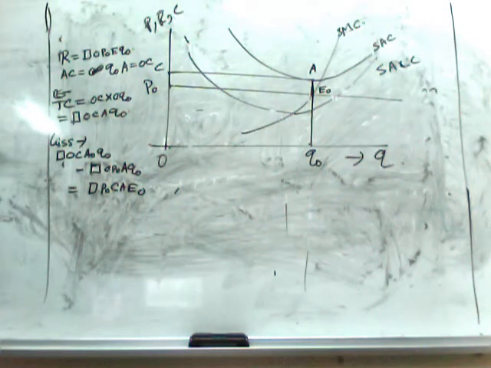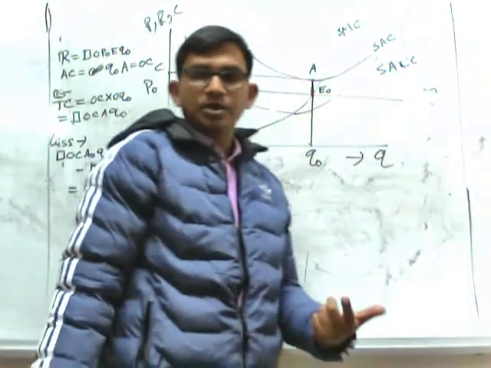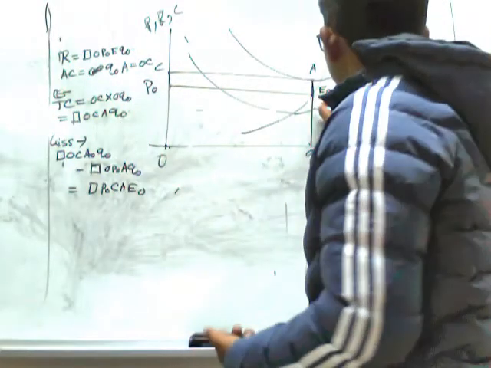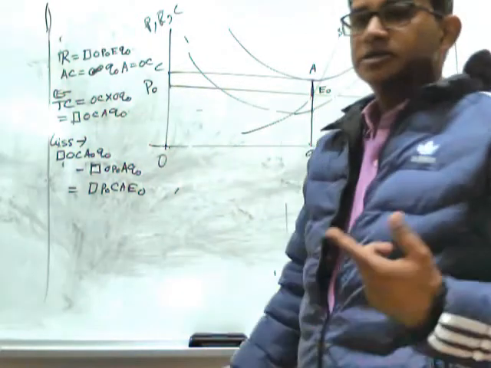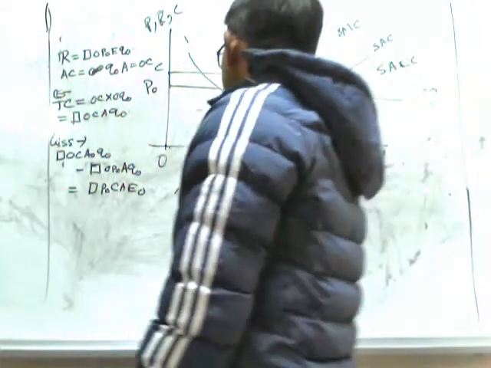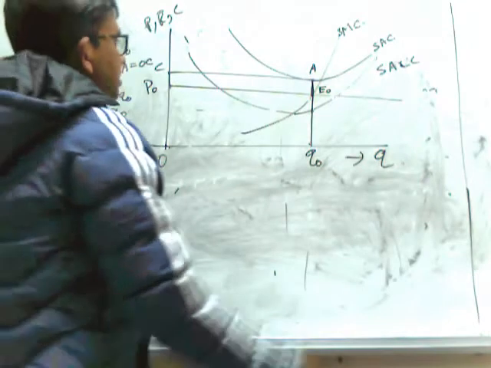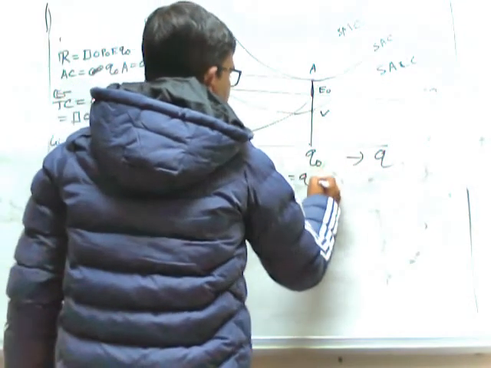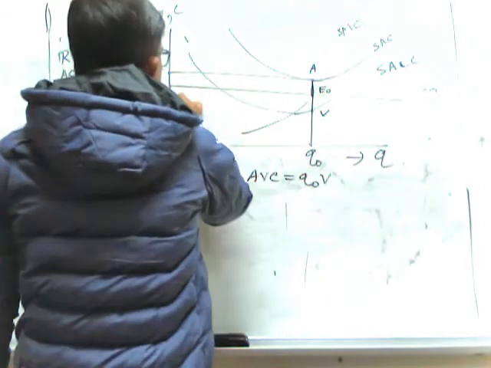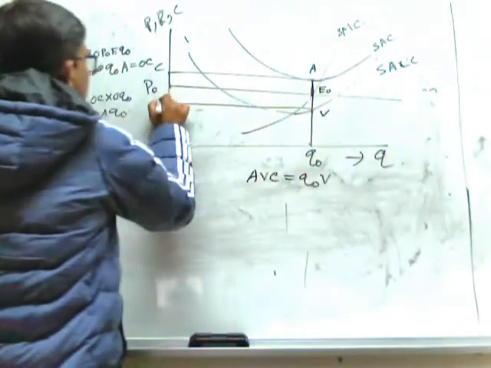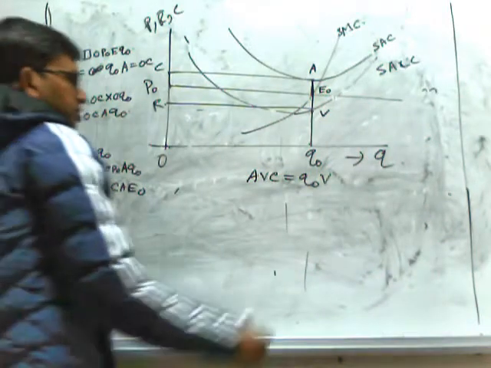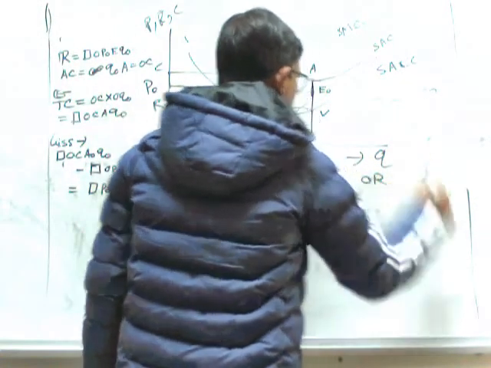Now, the question is, what is the total fixed cost? We don't have the fixed cost curve here, but definitely we can find the average variable cost of production. We consider Q0V as the average variable cost of production, which is exactly equal to OR.